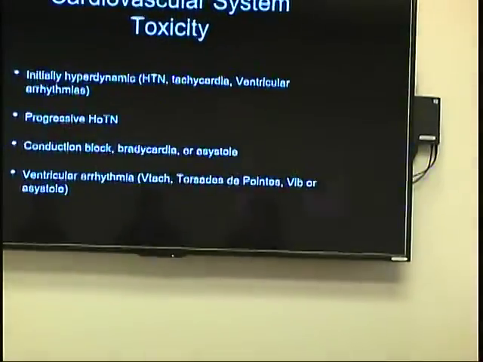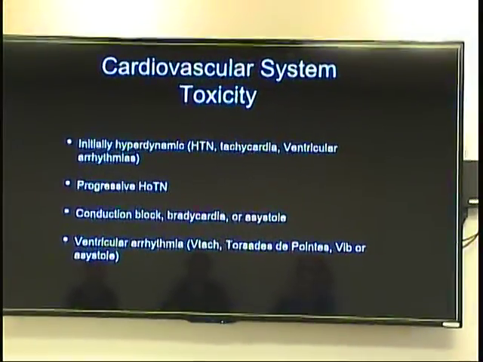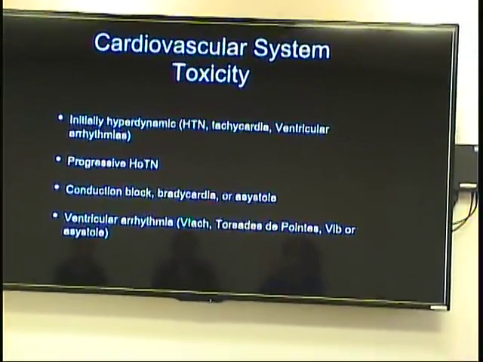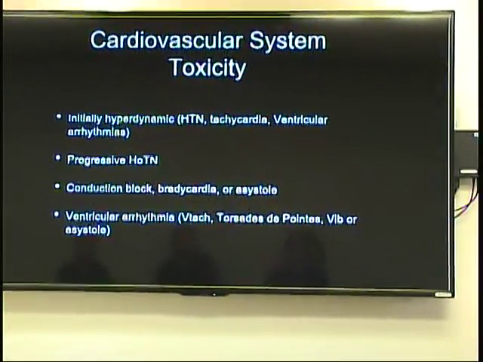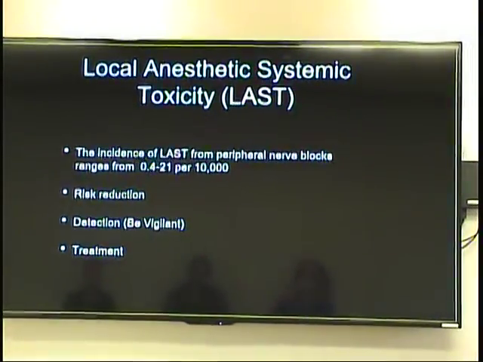So initially you have this hyperdynamic state, hypertension, tachycardia, and then ventricular arrhythmias. It can progress to hypotension. You'll see conduction blocks, bradycardia, or asystole. Then eventually you'll see VTAC, torsades, VFib, or asystole.